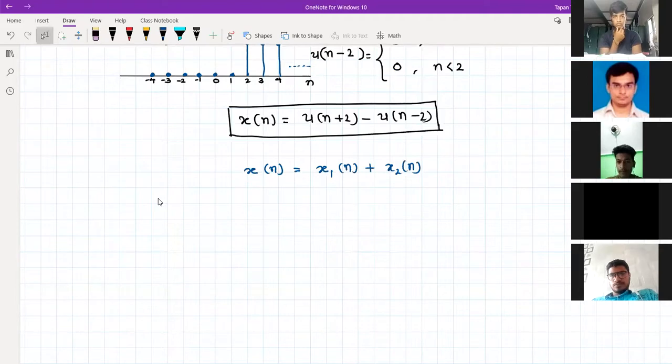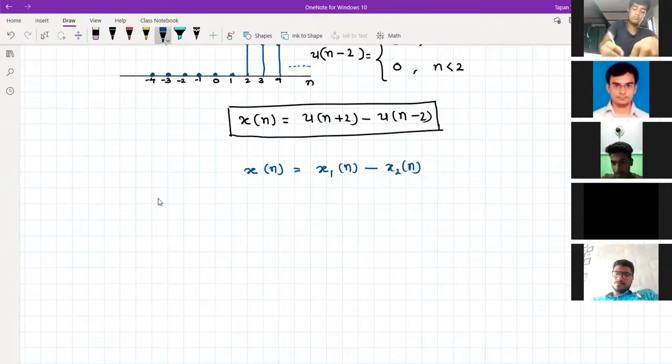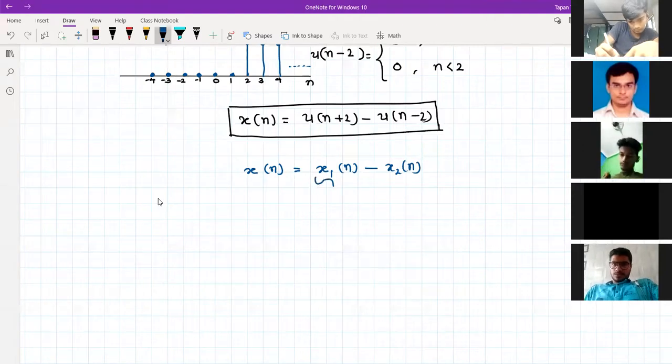If you know that, you can subtract it, no problem. You want to find out x1 of n and x2 of n individually.